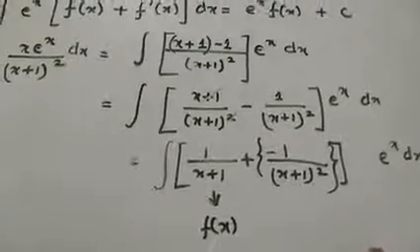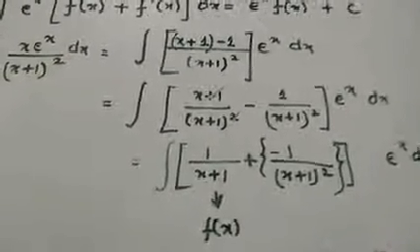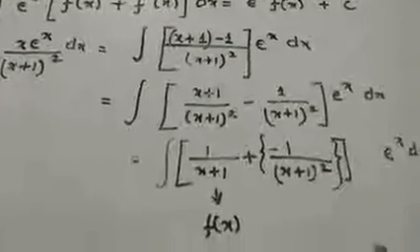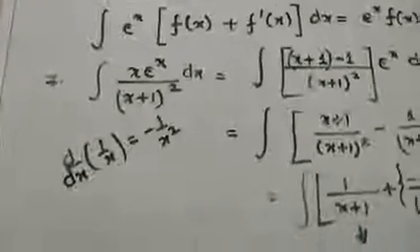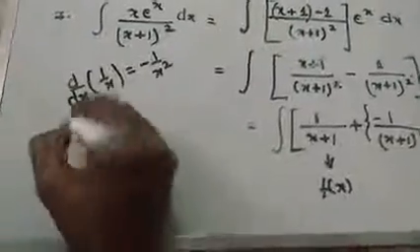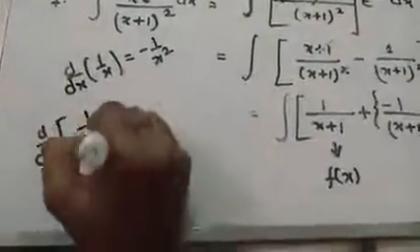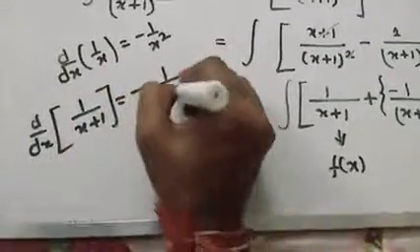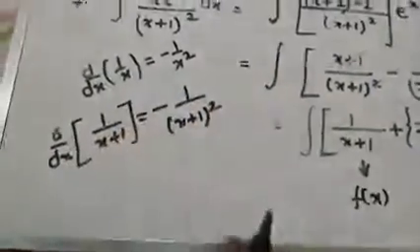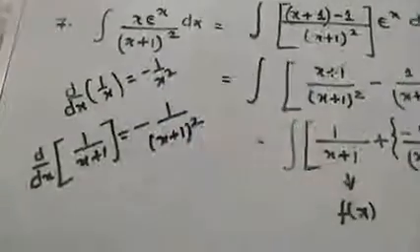We know that the derivative of 1 by x is minus 1 by x square. Similarly, the derivative of 1 by (x+1) is minus 1 by (x+1) whole square. Just in place of x I am writing x plus 1.